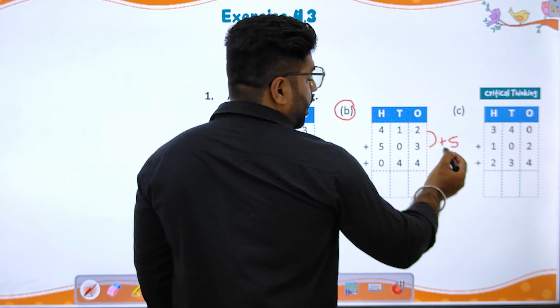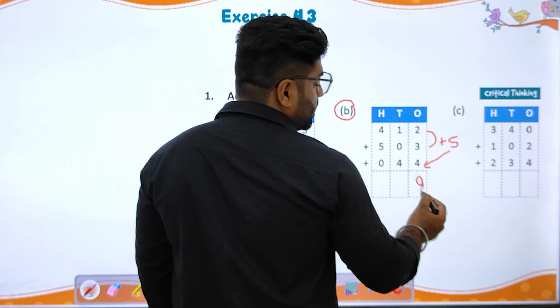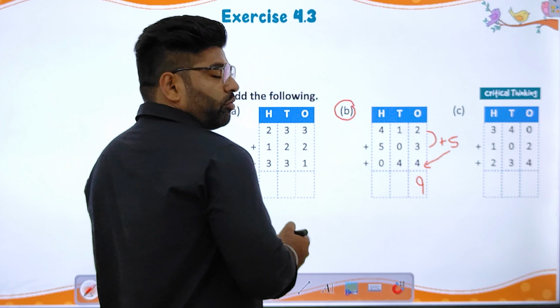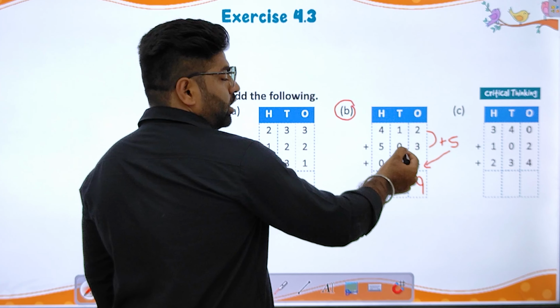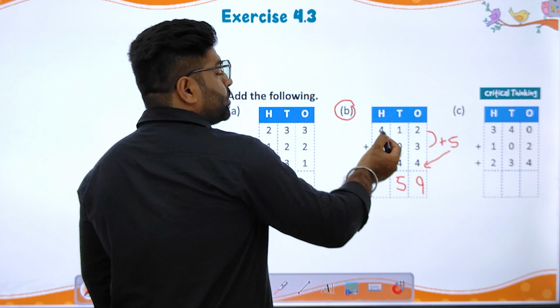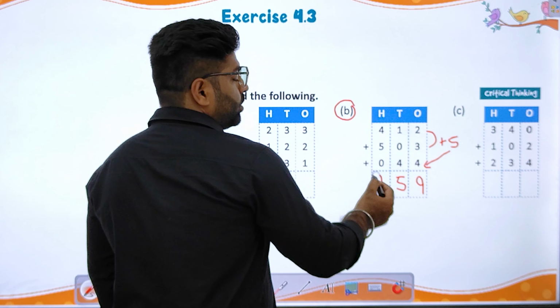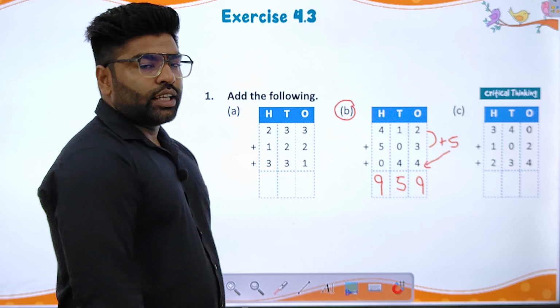Then after that you have to add 5 and 4. So 5 plus 4 is 9. So 1's place is done. Now come to 10's place. 1 plus 0 is 1. 1 plus 4 is 5. Okay. Next is 4 plus 5 is 9. 9 plus 0 is 9. So this is our 959 as an answer.